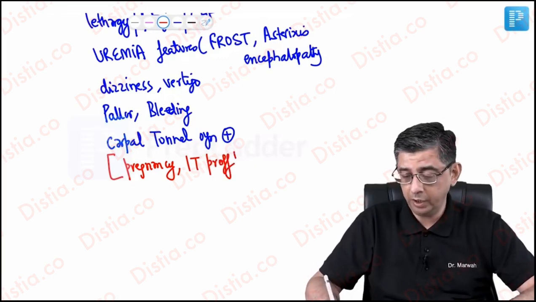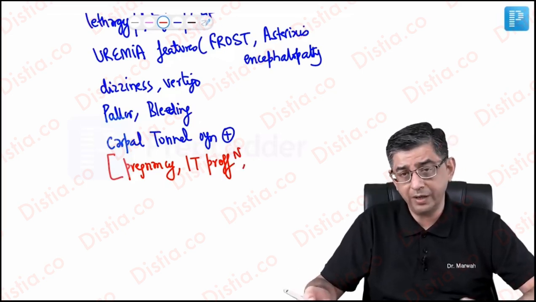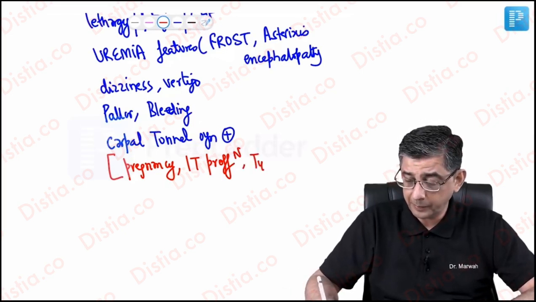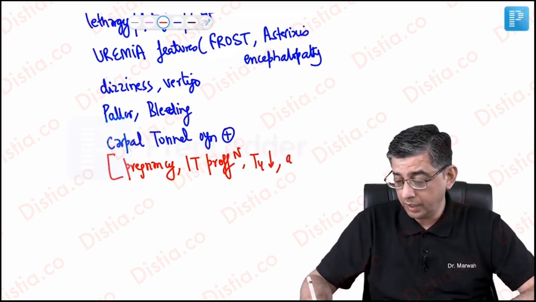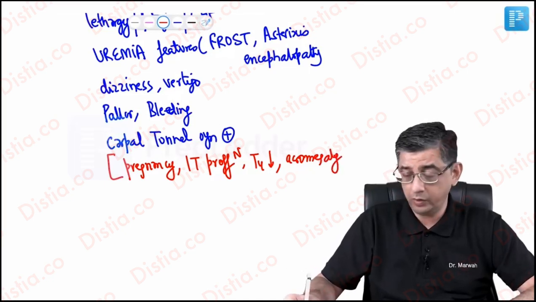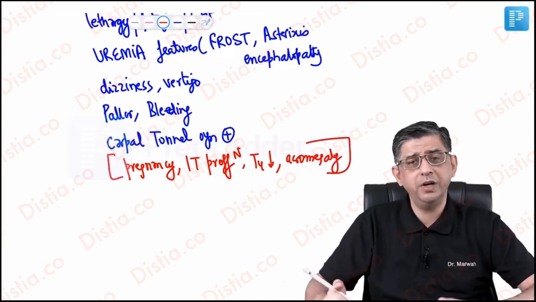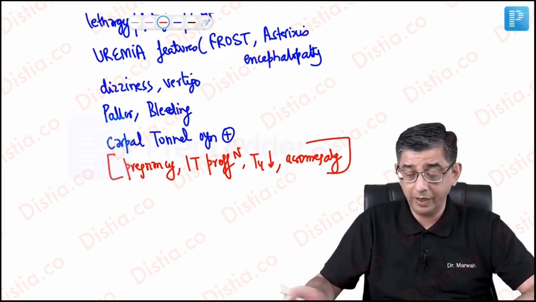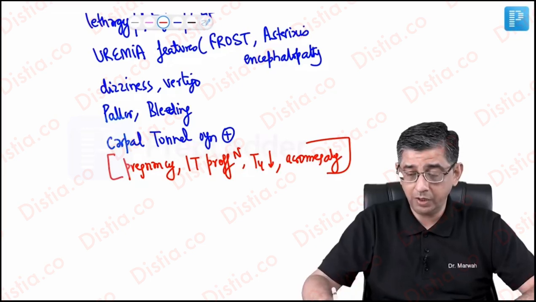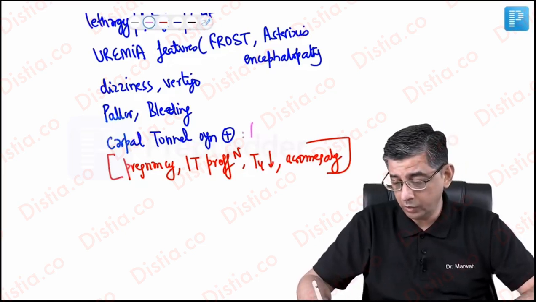You could be having an IT professional who's having carpal tunnel, pregnancy, then hypothyroidism, acromegaly, and even the topic that we're studying today, which could contribute to development of carpal tunnel syndrome in a patient, mainly with respect to the AA type of amyloidosis. Why this carpal tunnel syndrome is mentioned here, I hope you could pick up.